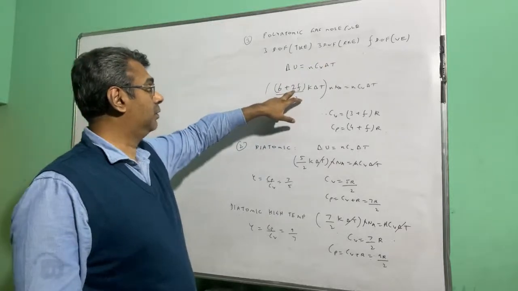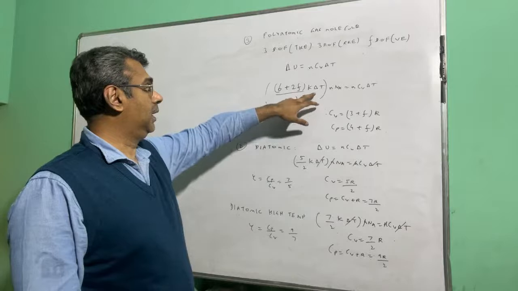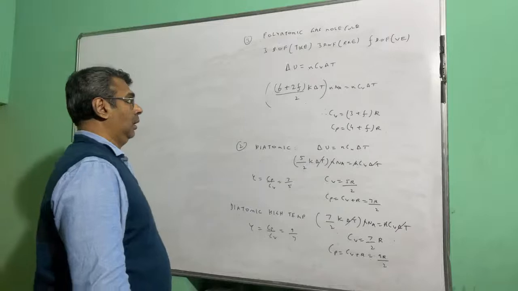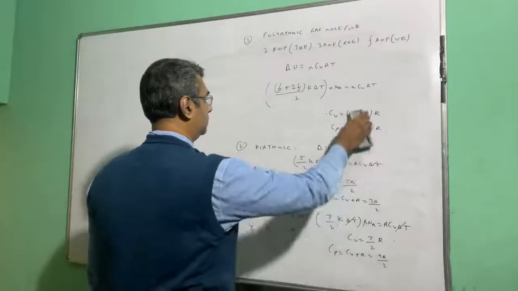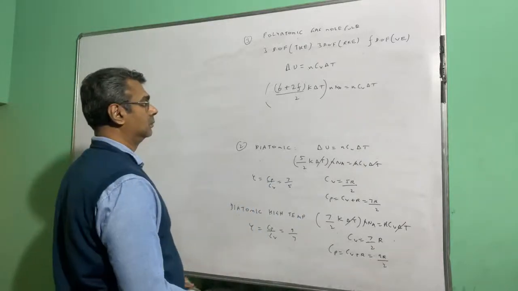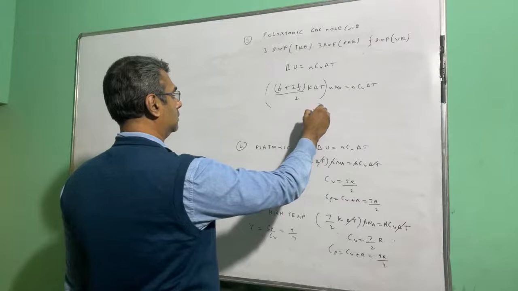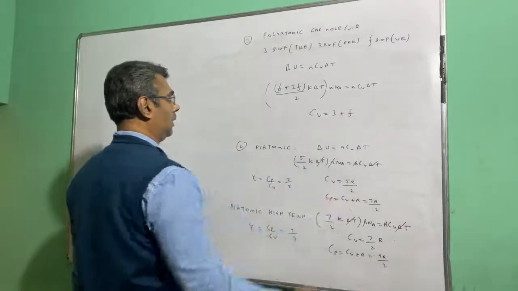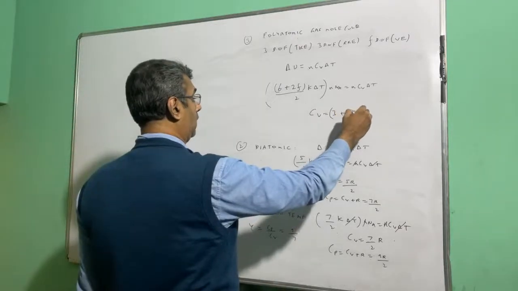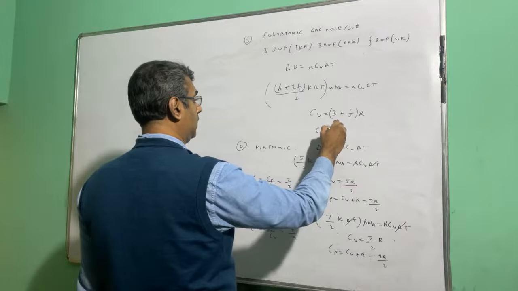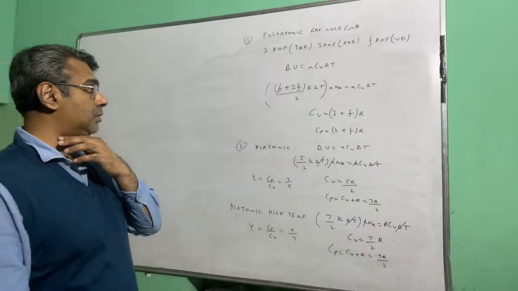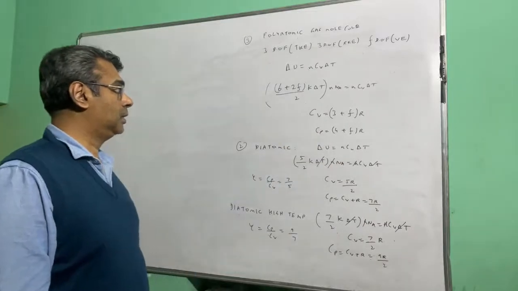So 6 plus 2f into half k into delta T into number of moles into Avogadro is n Cv into delta T. So Cv is coming 3 plus f into R, and Cp will be Cv plus R, so 4 plus f into R. So Cv will be 3 plus f into R and Cp will be 4 plus f into R.